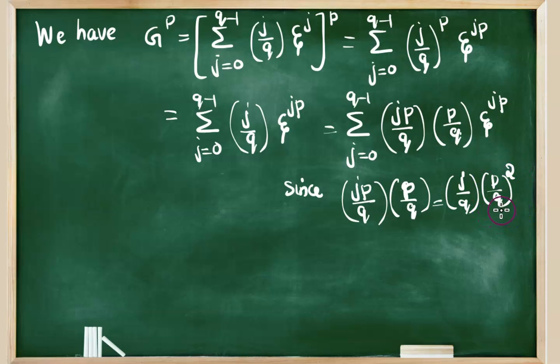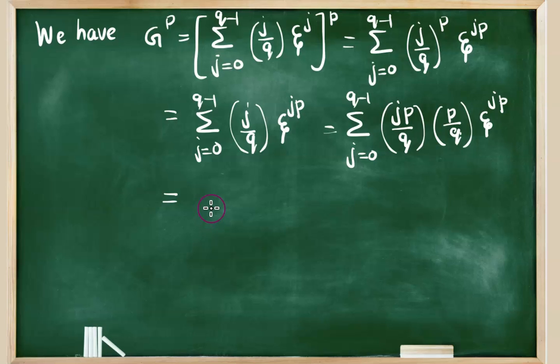Even if Legendre symbol p by q is either plus or minus 1, the square will always be equal to plus 1. Since p and q are distinct primes, Legendre symbol p by q won't be 0. Hence this is equal to Legendre symbol j by q itself. So we can replace this Legendre symbol j by q by the product of these two Legendre symbols, as we have done in this step.